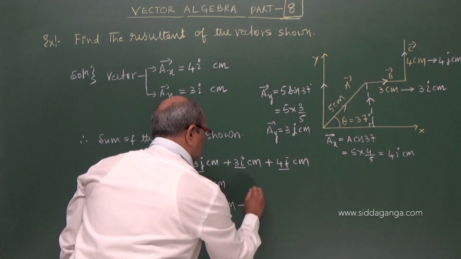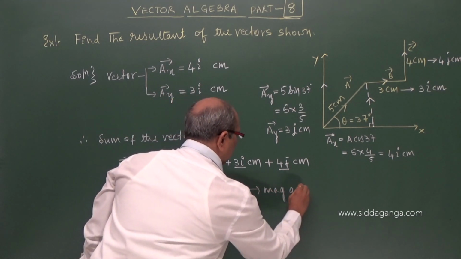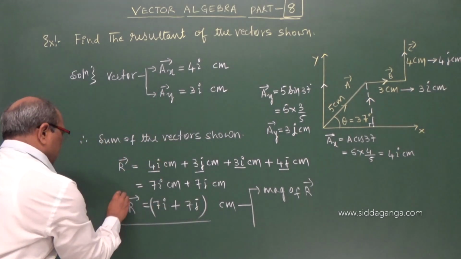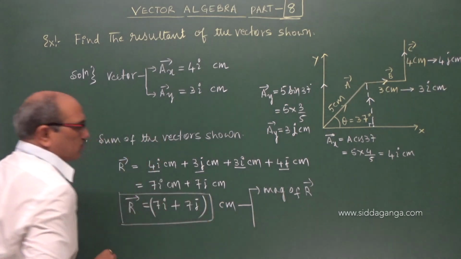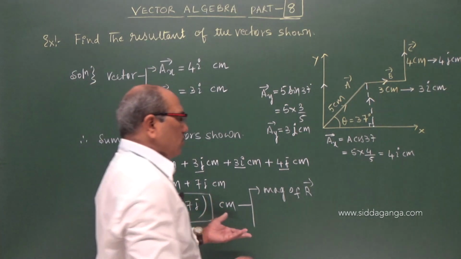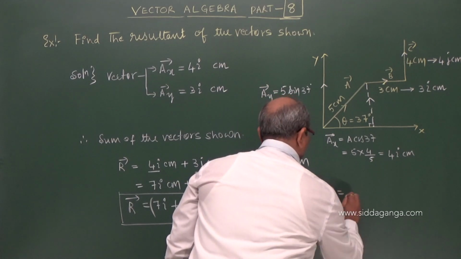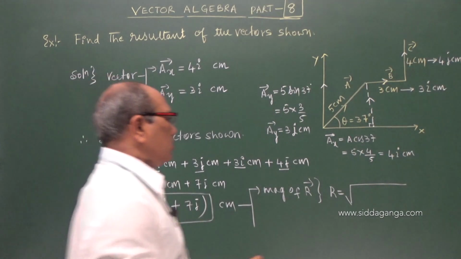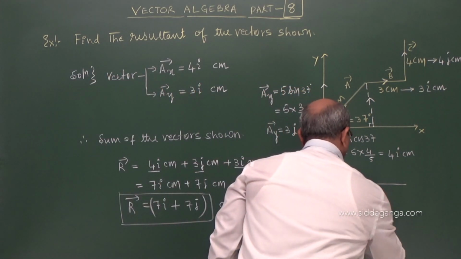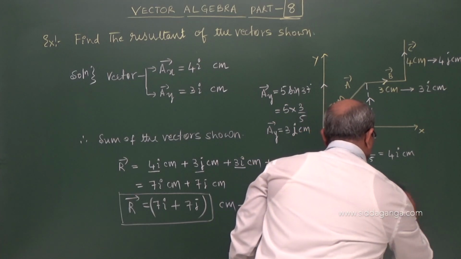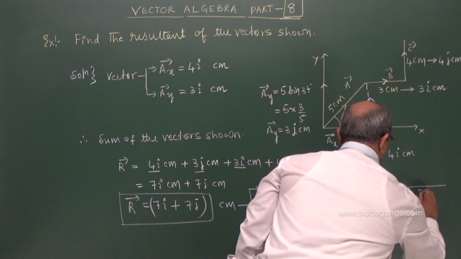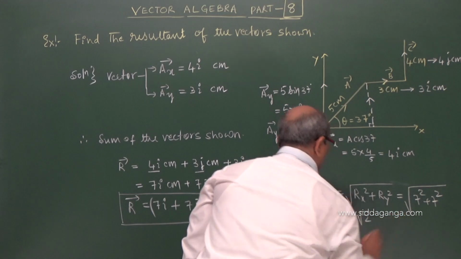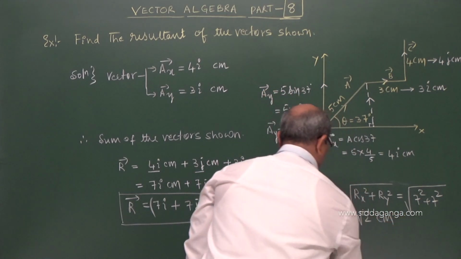If I want the magnitude of R, actually my answer is over if they ask in vector form. But sometimes if you want the magnitude, R is equal to root of Rx squared plus Ry squared, which is 7 squared plus 7 squared. I can bring 7 out with root 2 centimeter as the magnitude.